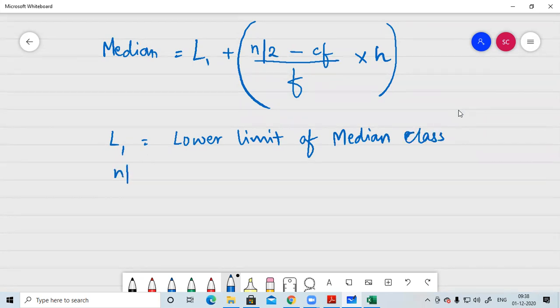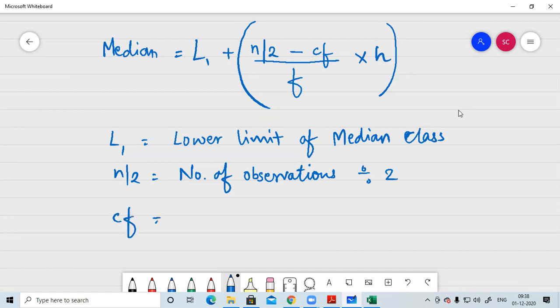Then n by 2 is the number of observations divided by 2.